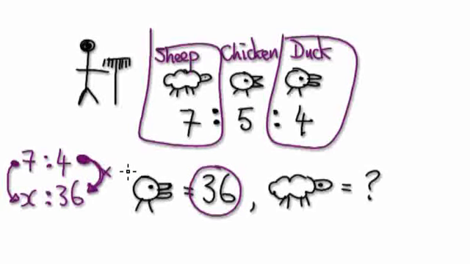So if you times it by 9 here, and over here you times it by 9, you see, 4 times 9 jumps into the 36. So you start at 7, you times 9, and it jumps into the x. So x in this case will be 63. So the number of sheep will be 63.